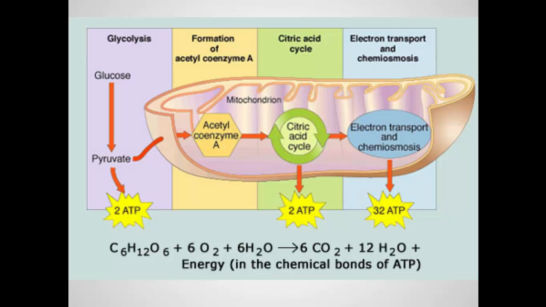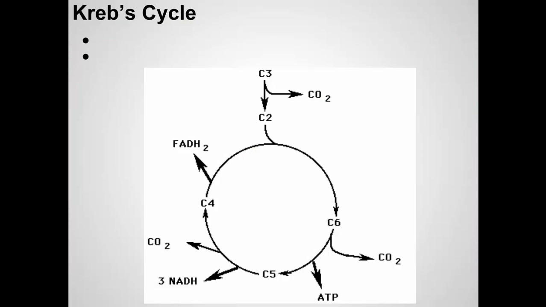So in a little more visual format, glycolysis happens in the cytoplasm. Okay? The other parts happen in the mitochondria, producing a total of 36 ATP molecules. The Krebs cycle takes in those pyruvates and then changes them over a series of steps, sort of extracting some energy in the form of these electrons.